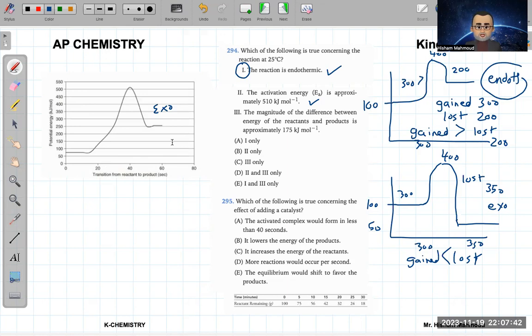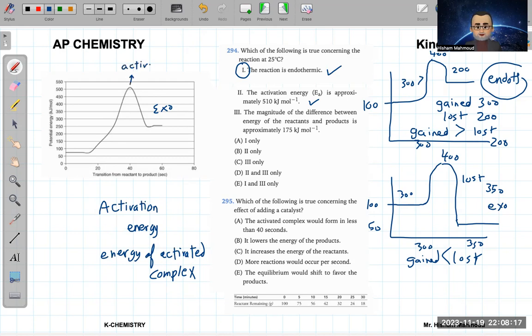The activation energy is calculated by doing what? The energy of the reactants. Take care, there is too much difference between the activation energy and the energy of the activated complex. We used to take this one in grade 10, صح? What is the difference between the energy of the activated complex and the activation energy? Mister, this is the activated complex. صح?